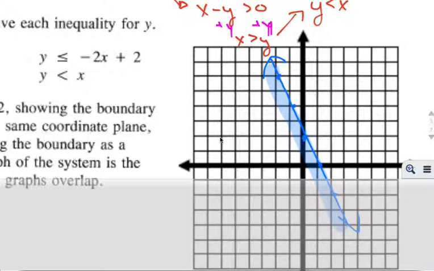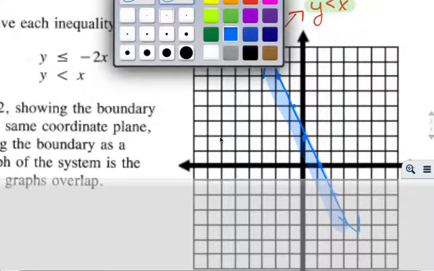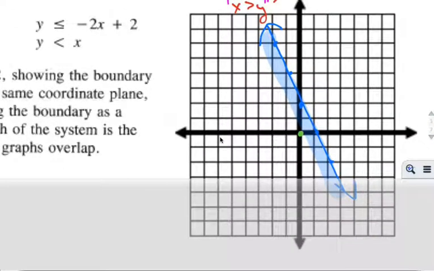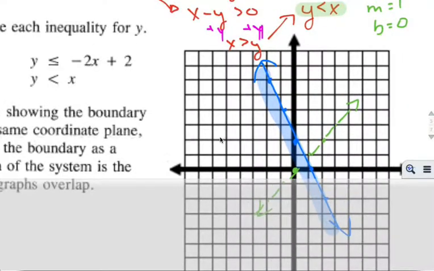Now let's look at the other line. Let's do it in green. y is less than x, so m equals 1, b is equal to 0. Well, that makes it easy to graph. The y-intercept is 0, and the slope is 1 over 1, 1 over 1, and so on. It is dashed, because y is less than.